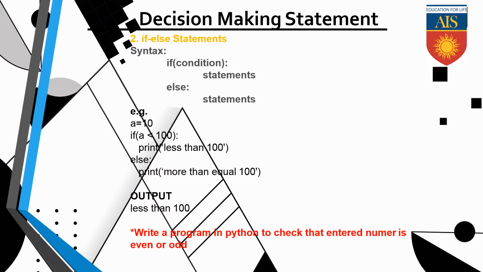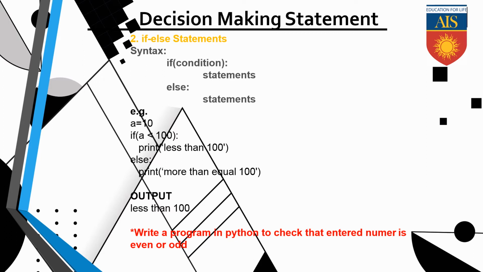First you need to learn the syntax. First you need to provide if, then the condition, and according to the condition you have to provide the statement, and then you need to provide the else option, and according to the else you need to provide another statement. Now here you can see the example: a equal 10, if a less than 100, print less than 100, else print more than or equal to 100. That means you have assigned the value of a as 10, which is actually less than 100.